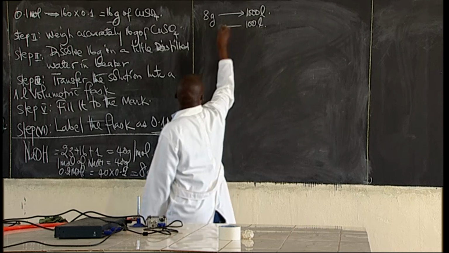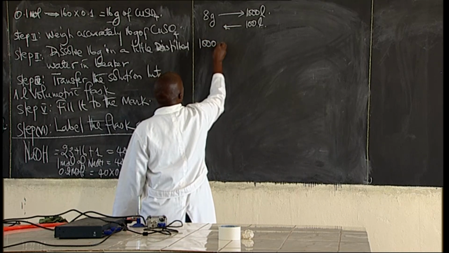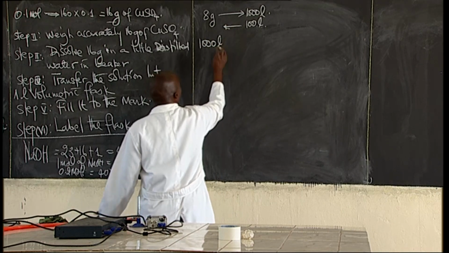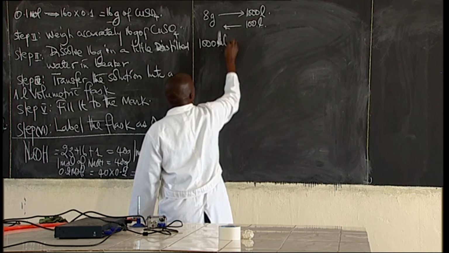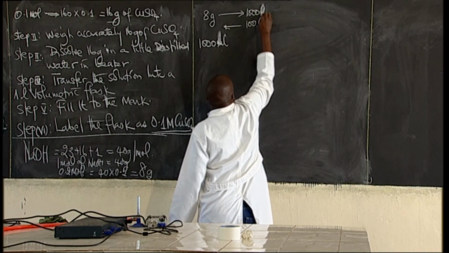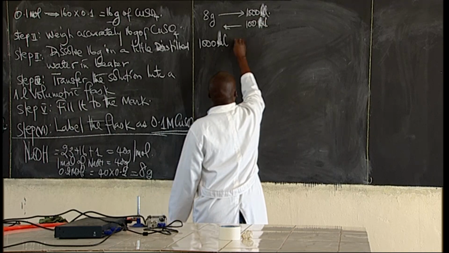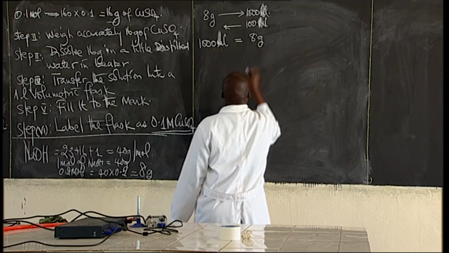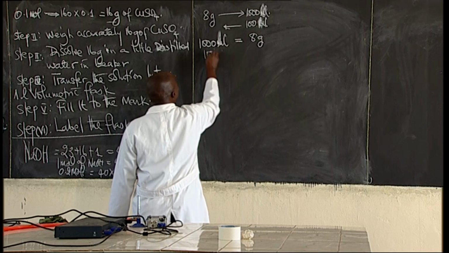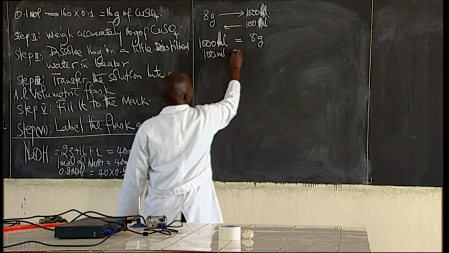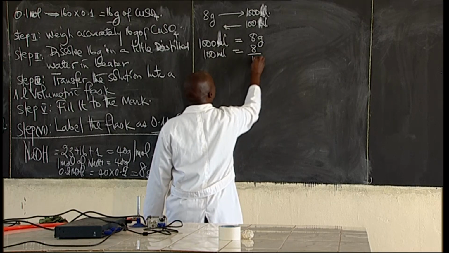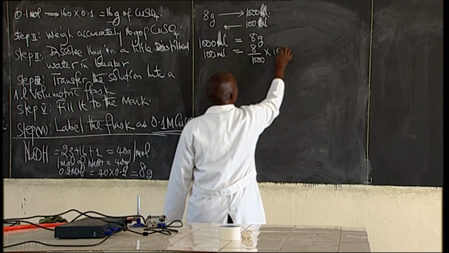If we say 1,000 milliliters, this is milliliters, even here milliliters, is equivalent to 8 grams, then 100 milliliters will be equivalent to 8 over 1,000 times 100.